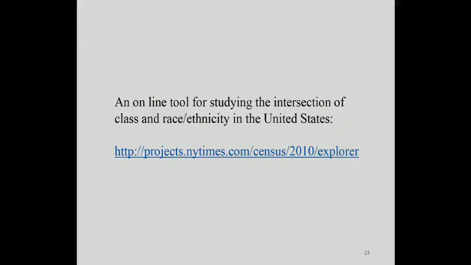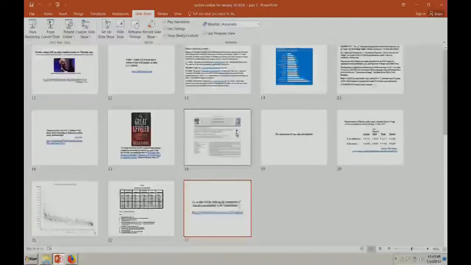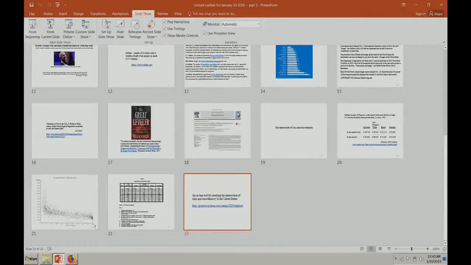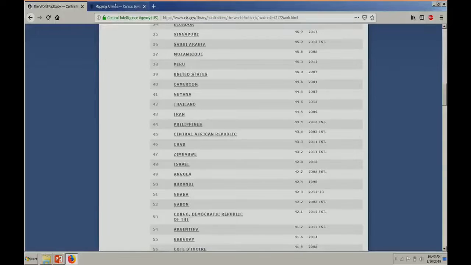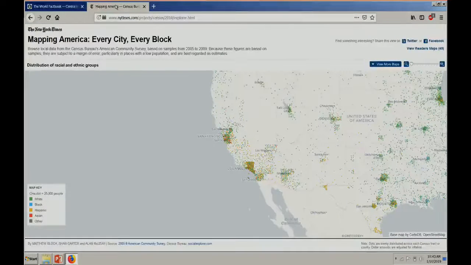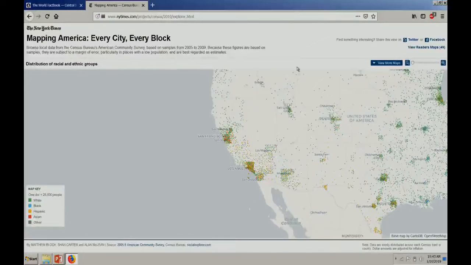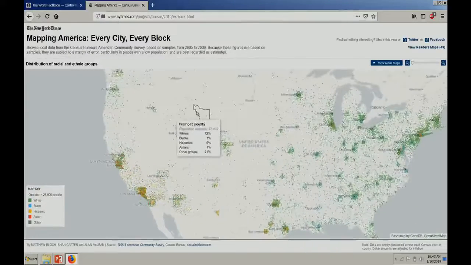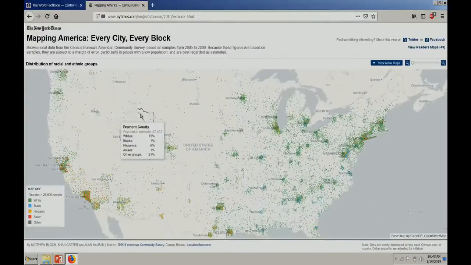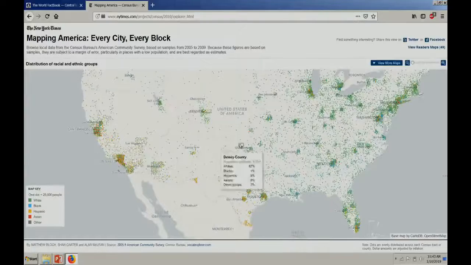And then finally, if you want to study any of this, the New York Times usefully, a couple years ago, created a map mapping every city, every block, as it says. It's the whole United States, and you can zoom in.